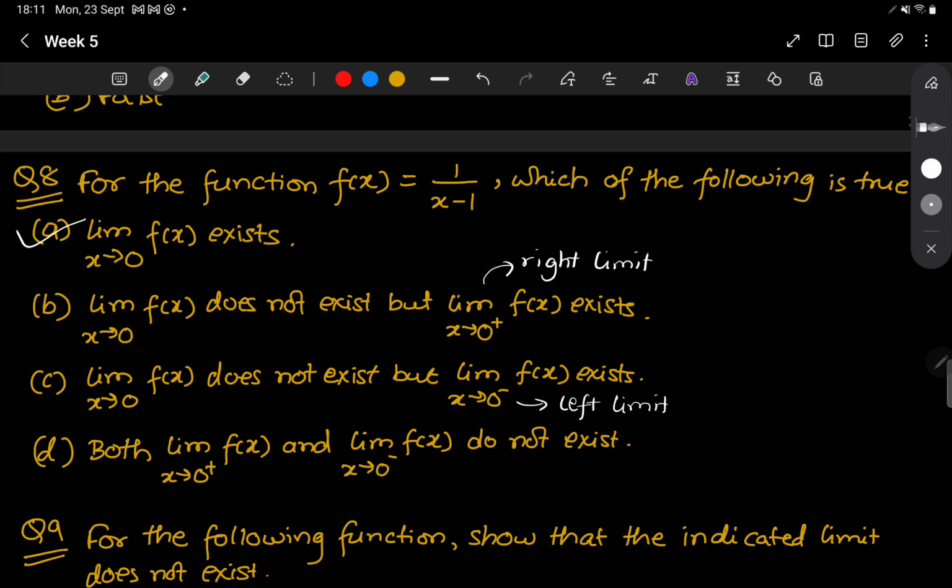For this limit to exist, both the right limit and left limit should exist, and they should be equal. So the limit exists when the right limit equals the left limit, and in this case both those limits are -1.